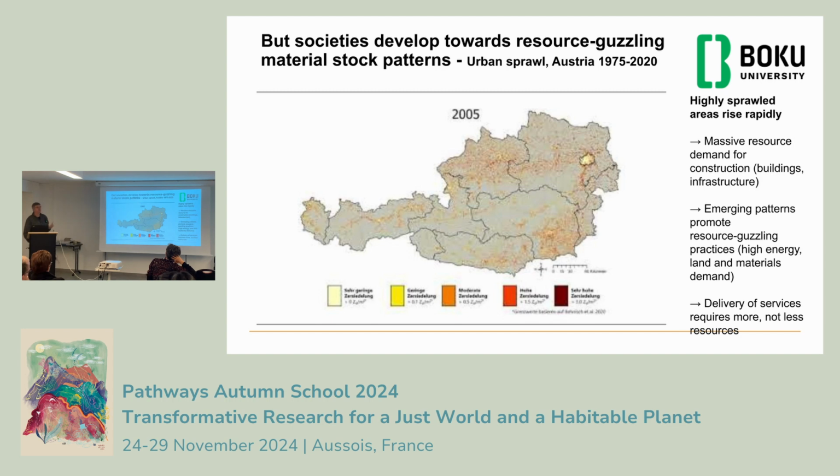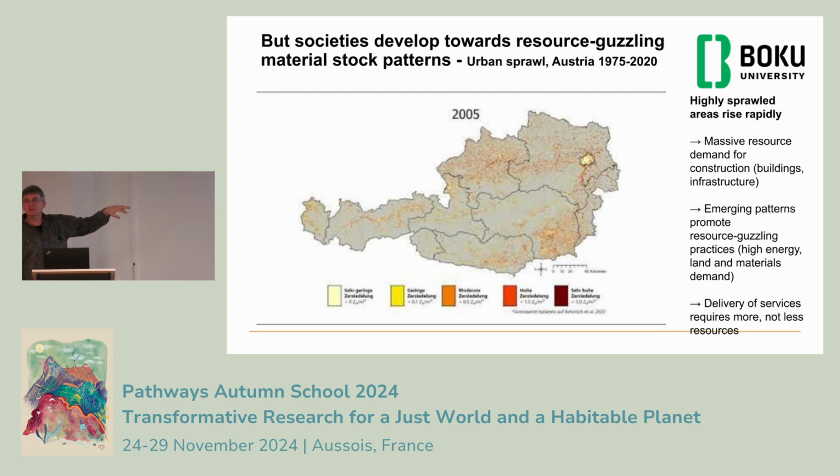the fraction of highly sprawled, built-up land has grown dramatically. In 1975, most of all built-up land in Austria was low level of sprawl, so meaning dense centers, yeah?